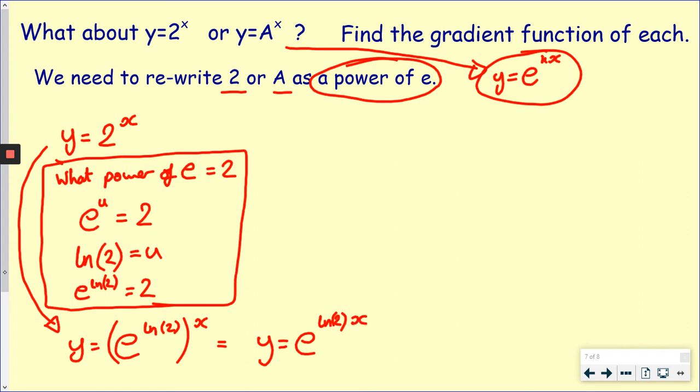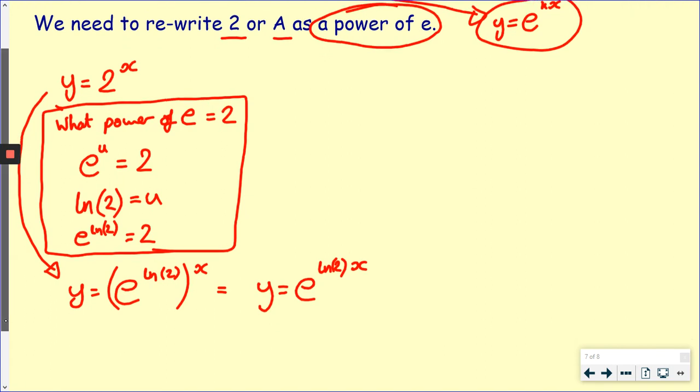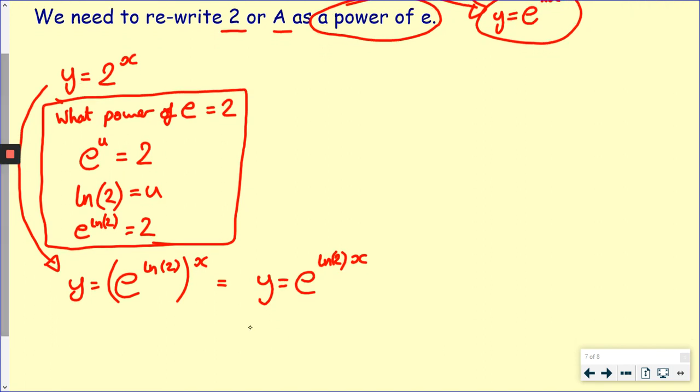Now we can differentiate. So to differentiate, we can just write dy/dx equals, we multiply by k, the number in front of the x, ln 2, e to the ln 2 of x.